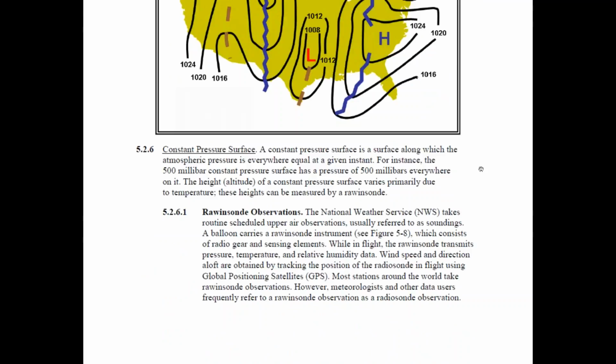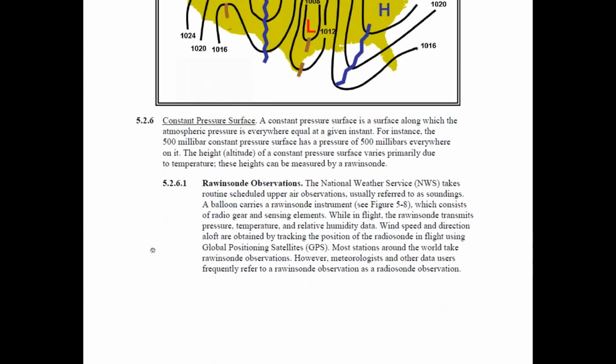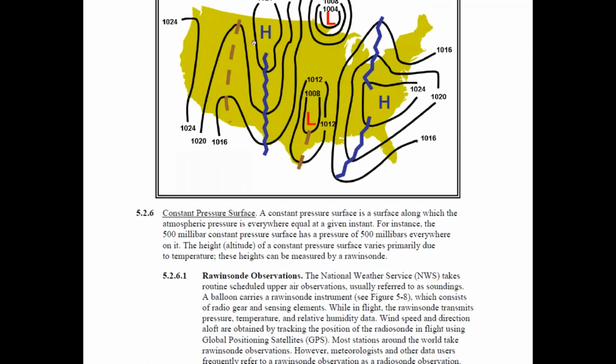This next little part is just talking about the National Weather Service and what it does at each of its locations to figure out pressure and stuff like that. They send these balloons up into the air, which will take radio gear, sensing elements, and it'll get the wind speed and the direction, and it'll track the balloon with GPS to see where it's moving, and it'll take those pressures, and that's how they ultimately make these maps.